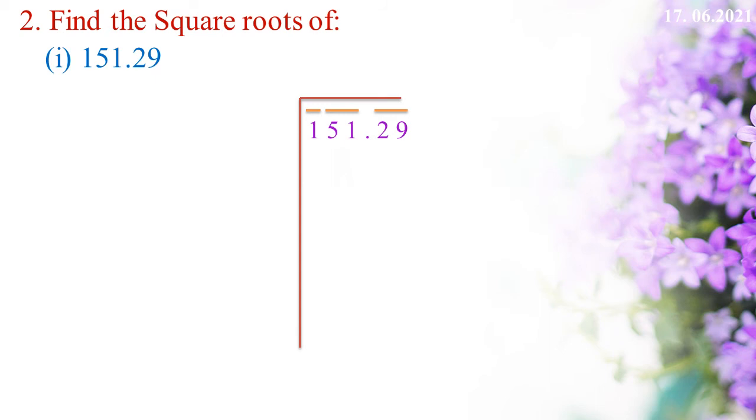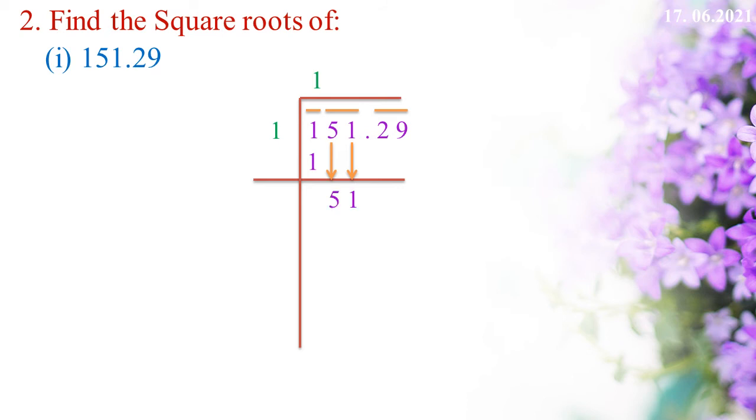Next, we should find the largest number whose square is equal to or just less than the first period. Here, the square number is 1. So, take this number as the divisor and the quotient. Then, multiply 1 and 1. We will get 1. Now, subtract 1 from the first period 1. We will get 0 as the remainder. So, we can leave it.